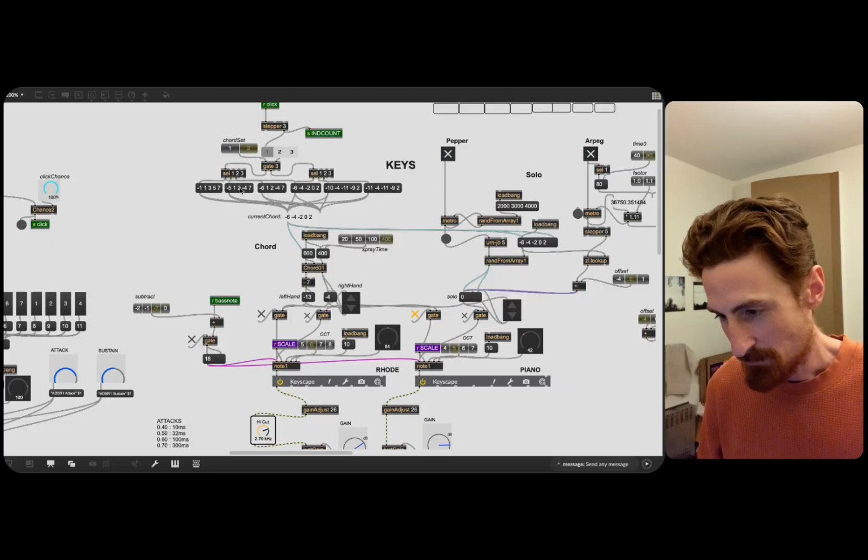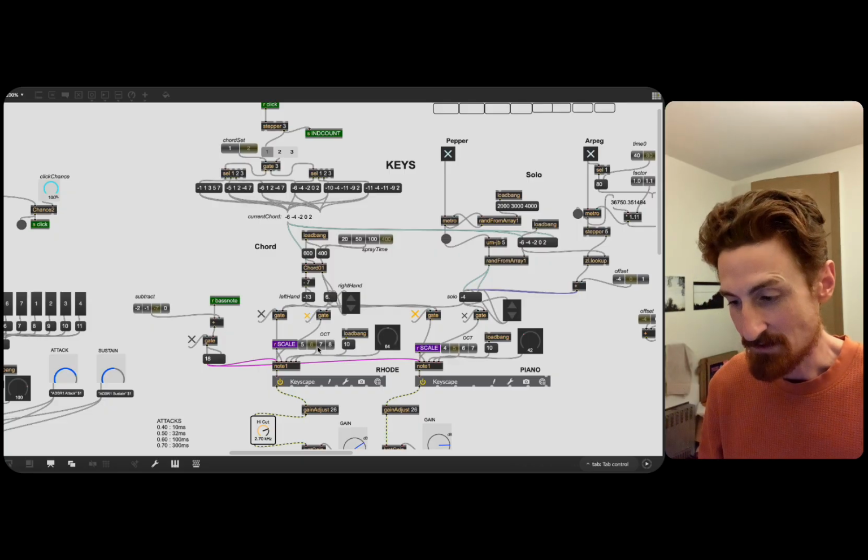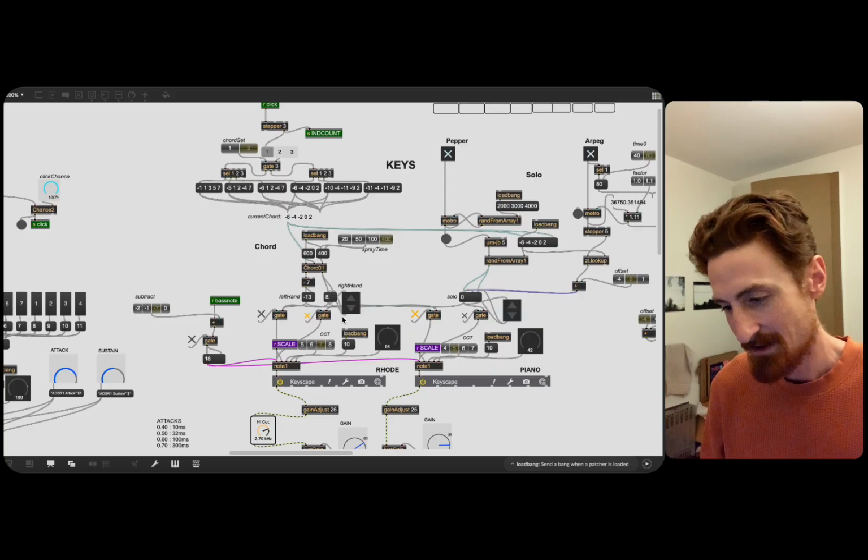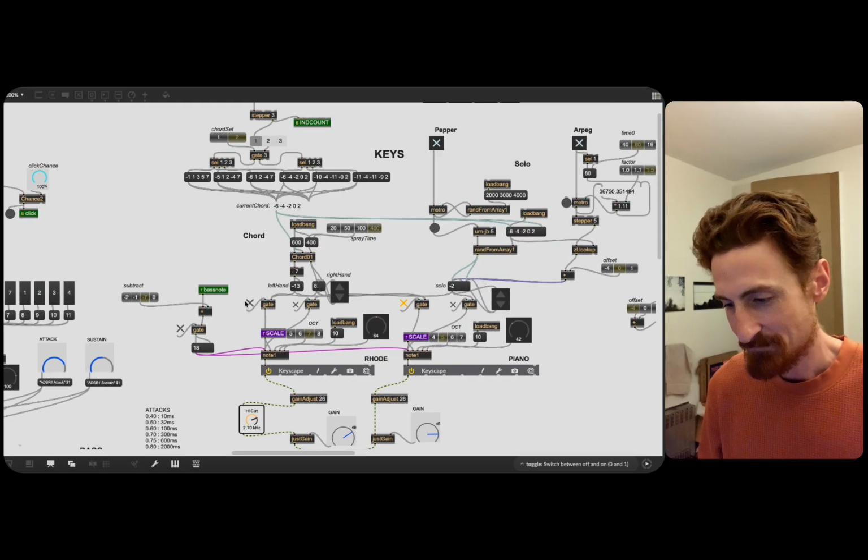Here's all the chords. And then there's these incrementers, octave. Ooh. That didn't even work how I thought it would.